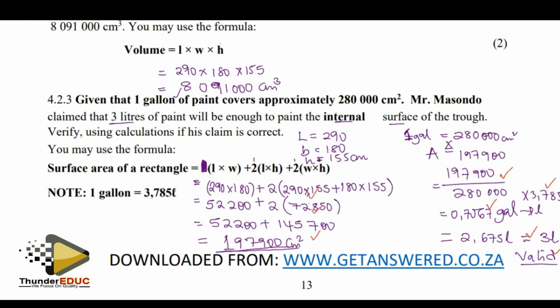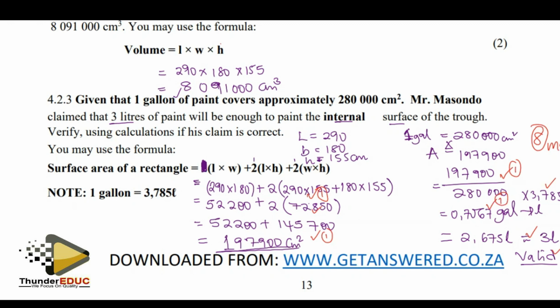1, 2, 3, 4, 5, 6. Yeah. 8 what? 8. Look for the area. This is the area to be covered. You get the area, you divide it by the spread rate, looking for the amount of paint.